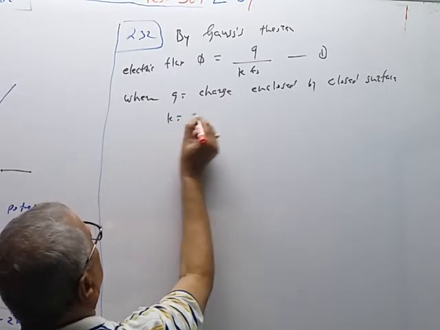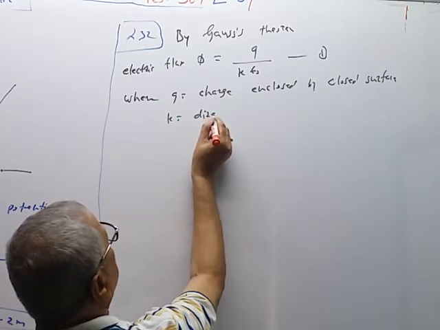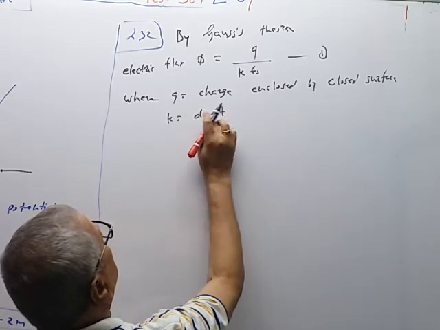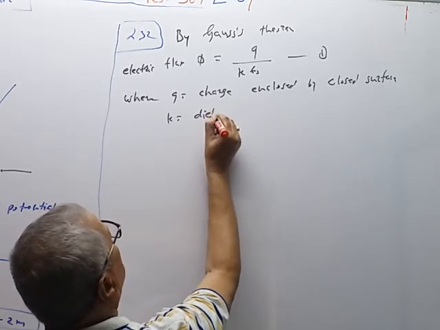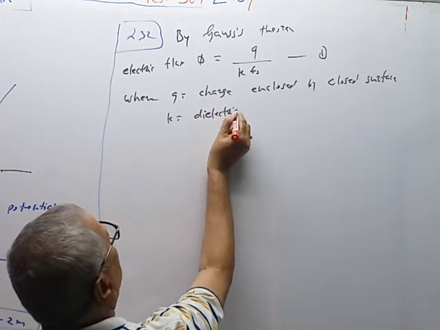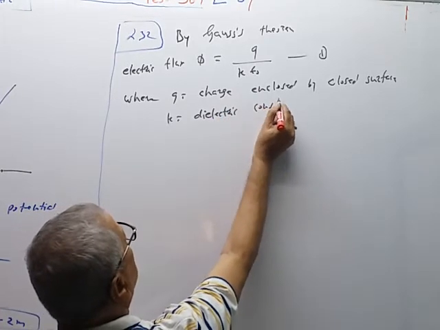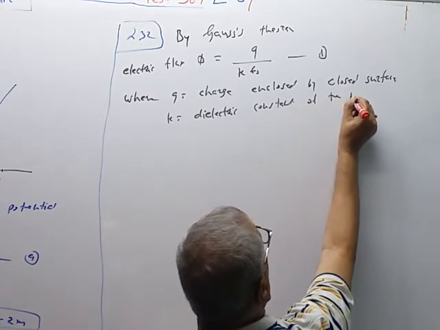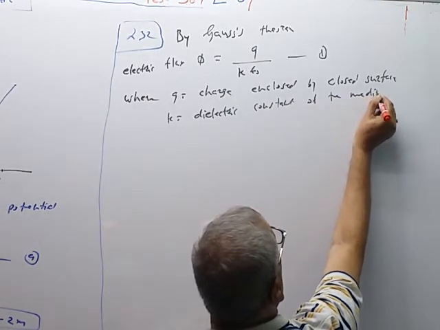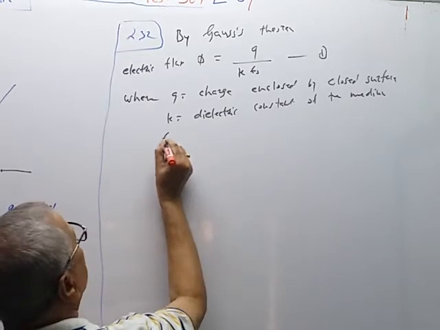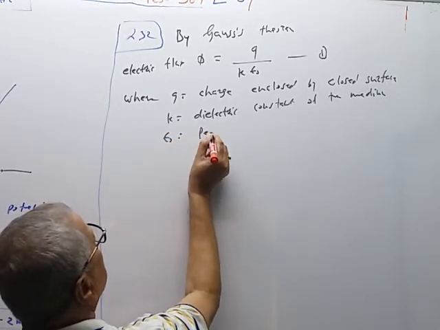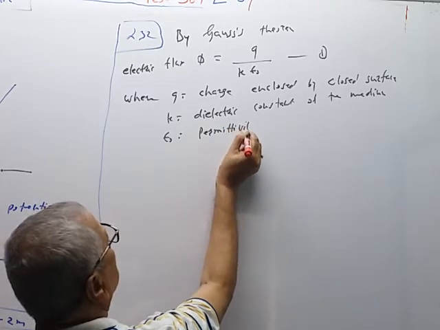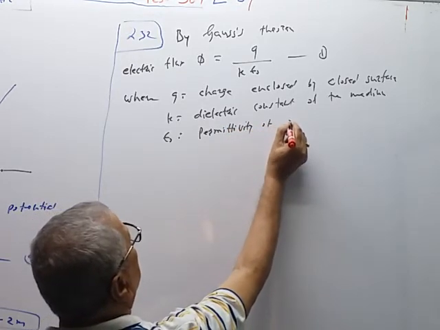K is equal to dielectric constant of the medium. Epsilon naught is equal to permittivity of free space.